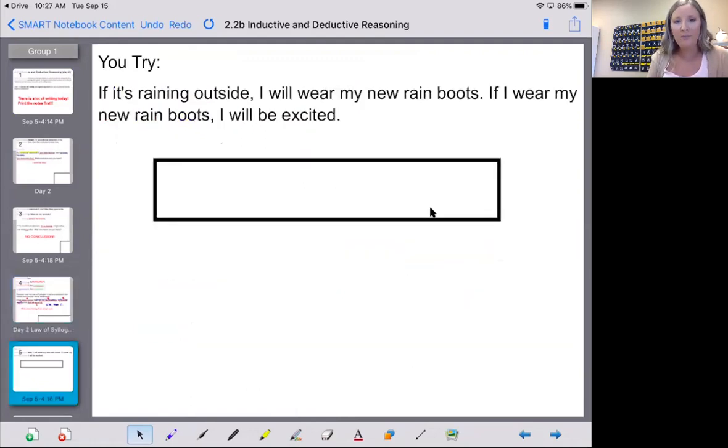All right, let's try another one. I'd love for you to try this one on your own. It says, if it is raining outside, so that would be my A, I will wear my rain boots. So this right here would be B. Now, is the next part also B? It has to go in order, remember? So check, is that next part the same as what B says? If I wear my rain boots, is that the same thing as the previous B?